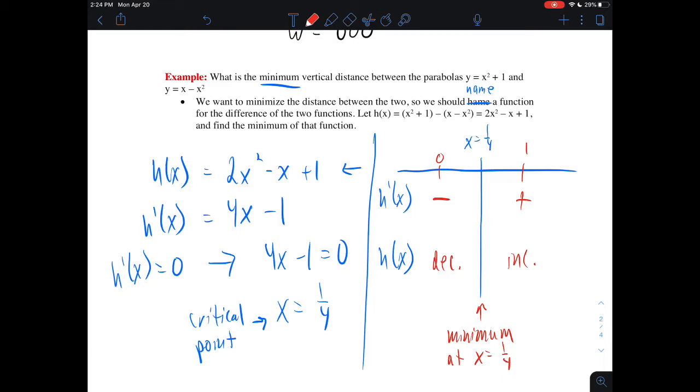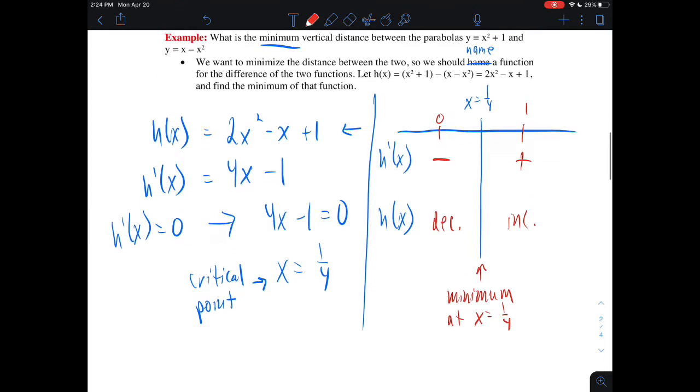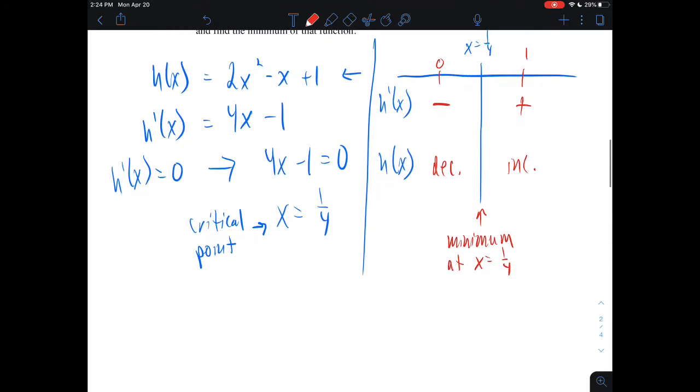So then we are asked to find the minimum distance between the two parabolas. So it happens at x equal 1/4. Since I have my function h of x describing the distance, the minimum distance would just be taking our h of x function and plugging 1/4 into that.